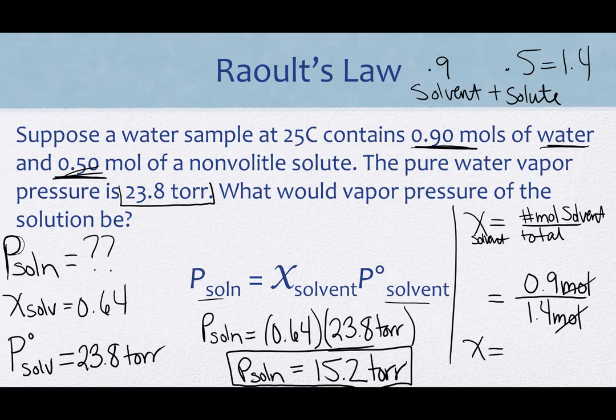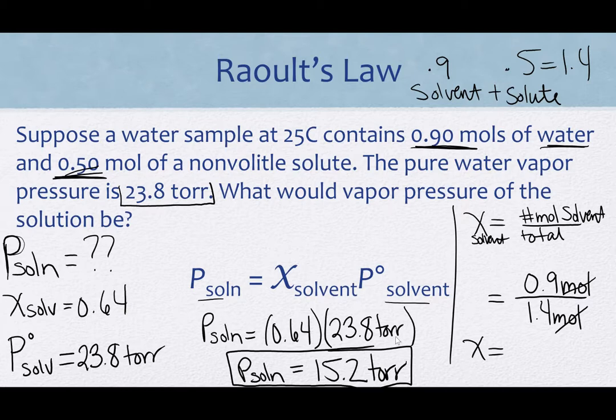If I teach you nothing else this semester, I want to teach you to step back and say, does this answer make sense? So one of the gifts that we have in science is this is a real life scenario, so we can logically think through it. So according to Raoult's law, this is vapor pressure lowering.